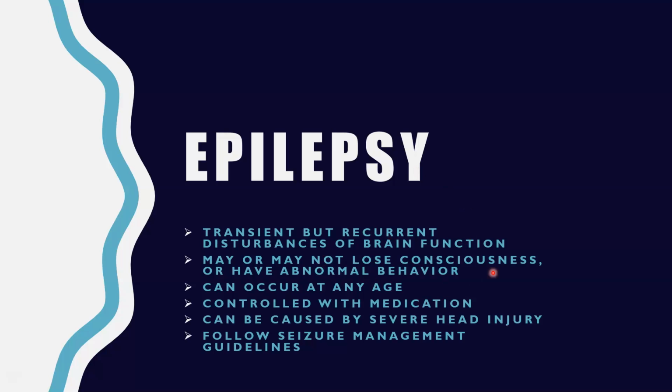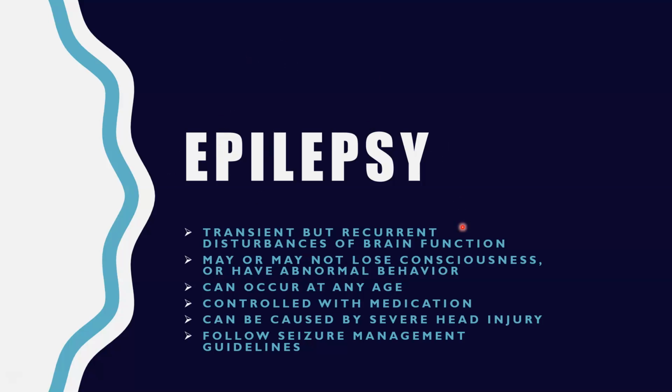Now, seizures can include loss of consciousness or just abnormal behavior. These can occur at any age, and often with epilepsy, they can be controlled by medication. But we can also see seizures associated with severe head trauma, and so we'll talk about all of this at the same time.